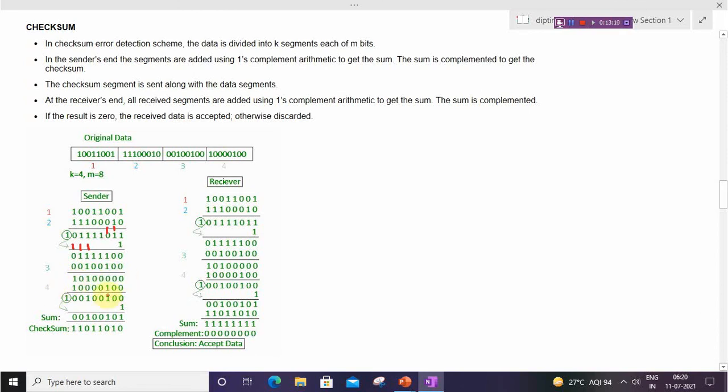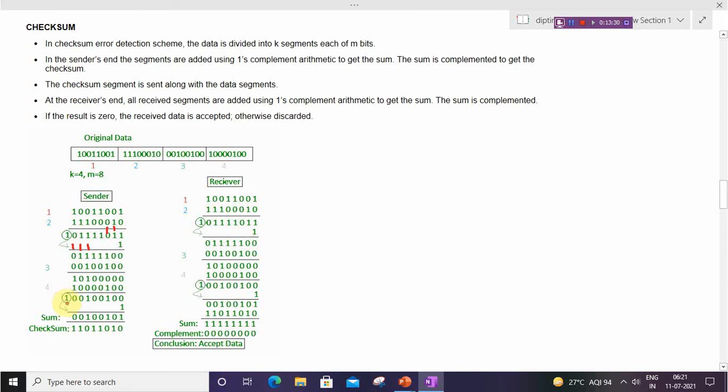Then add the fourth data unit. Adding the fourth data unit, again 0 0 0 0 0 0, then 0 1 1 0 0 0 0 0 0 1 0 1 0 0 0, here 1 plus 1 is 10. Okay.